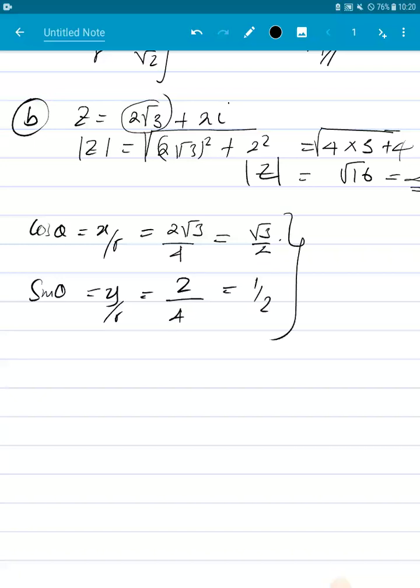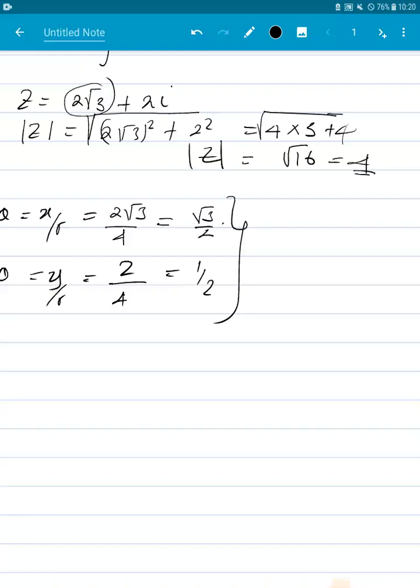We are still looking for a common angle such that in terms of cos, I'm going to get root 3 over 2, and in terms of sine, I'm going to get half. And that is 30 degrees, and 30 degrees is just pi over 6. You can now conclude the argument of z is equal to pi over 6.